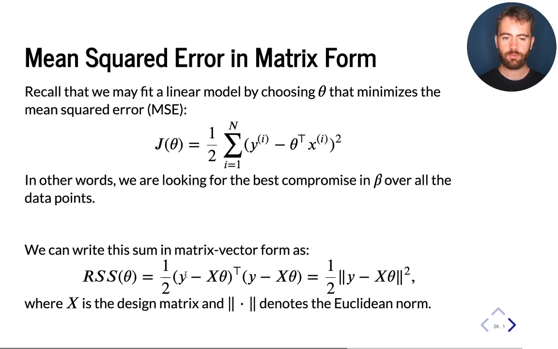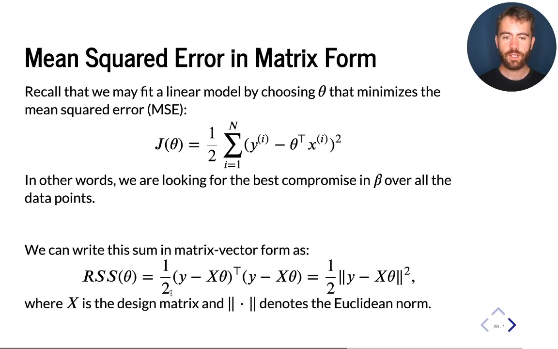And now we're going to have the vector of y's, and so the subtraction of these two vectors is going to be another vector of dimension n, whose ith component will equal exactly this term that's within the parentheses. Now, in order to obtain this equation, we can simply apply the dot product of these two vectors, and by the definition of the dot product, this will equal exactly this expression.